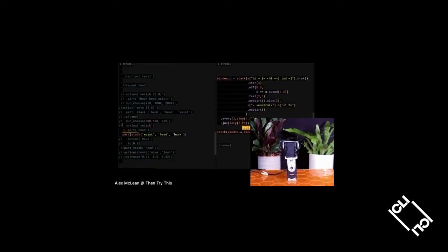Move three-eighths of your waist over 0.1 seconds. Reset.